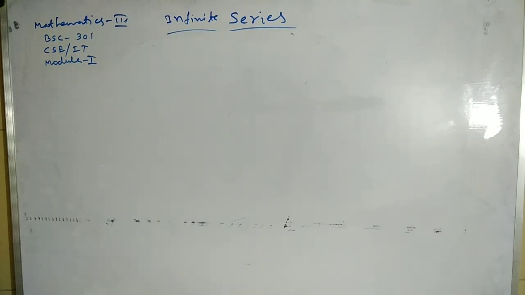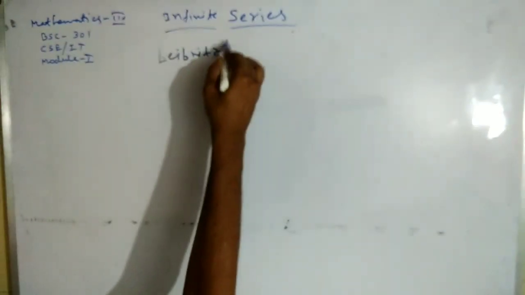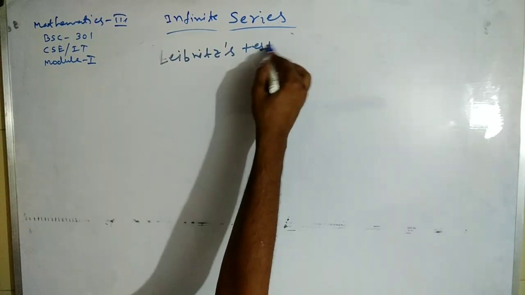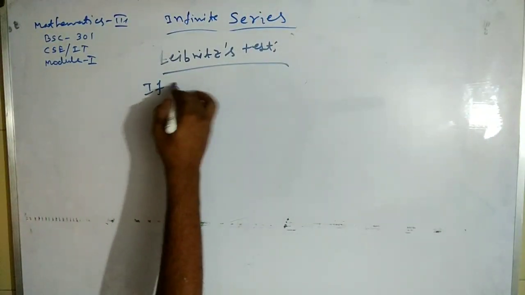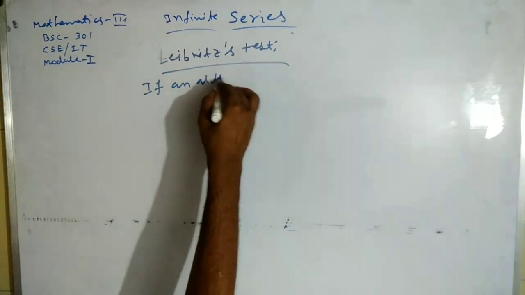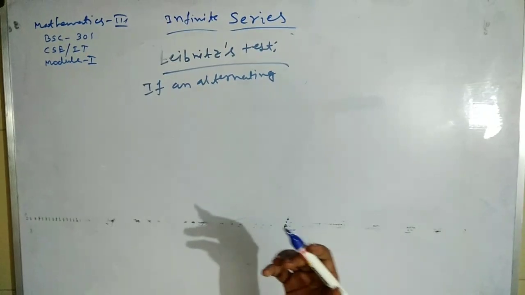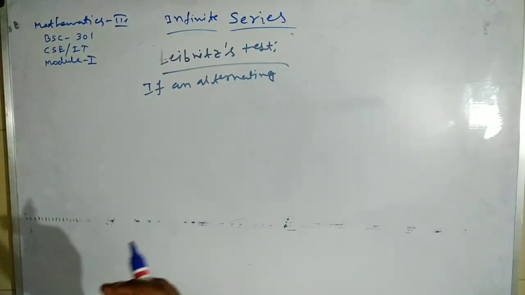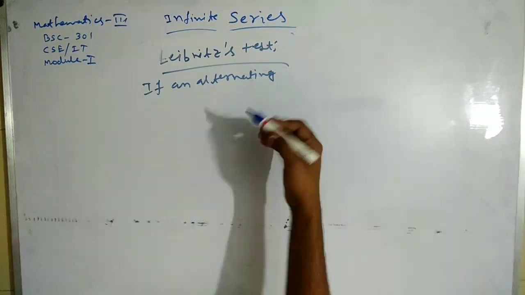That series is called an alternating series. So the name is Leibniz test. An alternating series means one term is positive and the next negative, that is u1 minus u2 plus u3 minus u4, like this, plus minus plus minus.